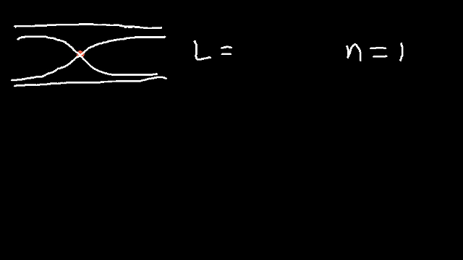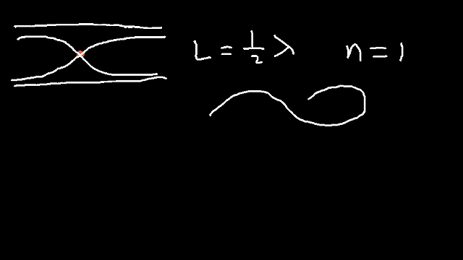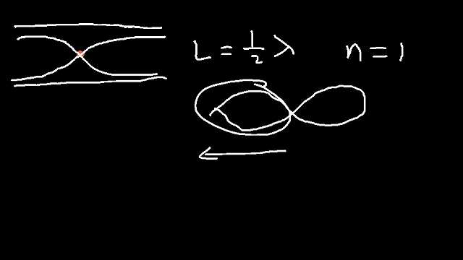So since we have one loop, n is equal to 1. Therefore, the length is equal to 1/2 of the wavelength. Keep in mind, a wavelength is the length of 2 loops. Since we have one loop, the length is half of the wavelength.